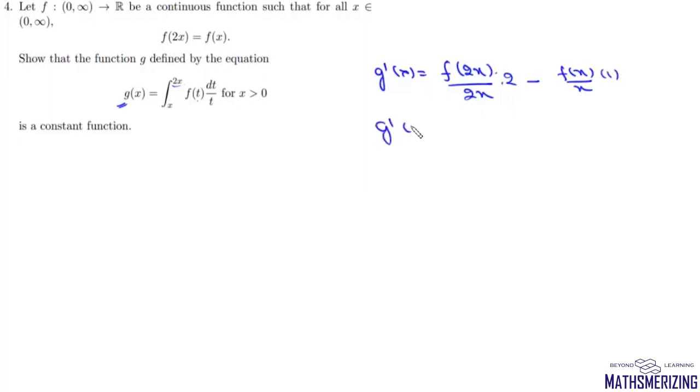So we can write g dash x as f(2x), here 2 will cancel, minus f(x) upon x. Now f(2x) is same as f(x), so that means g dash x is 0 for all x greater than 0. It simply means this function is a constant function.